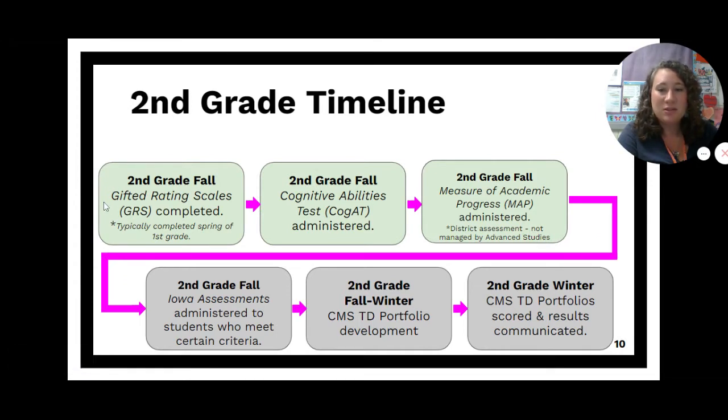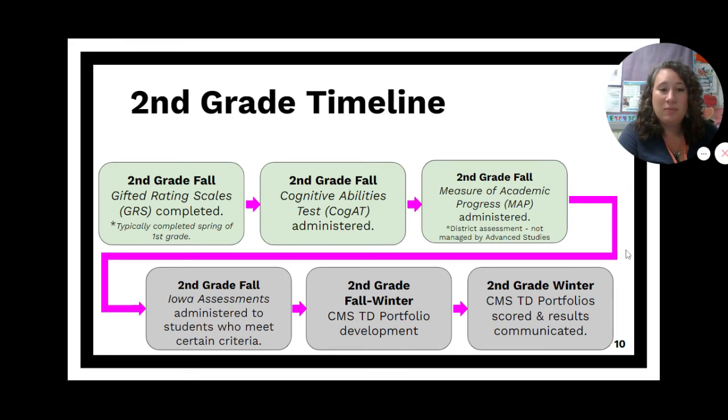The second grade timeline: in the fall, we begin with the gifted rating scales, which is typically completed by the first grade teacher, but this year is being completed by the second grade teacher. Next, we will administer the COGAT test, the cognitive abilities test. Next, all students will be tested using the MAP test. This is a district assessment, so all students take the same test.